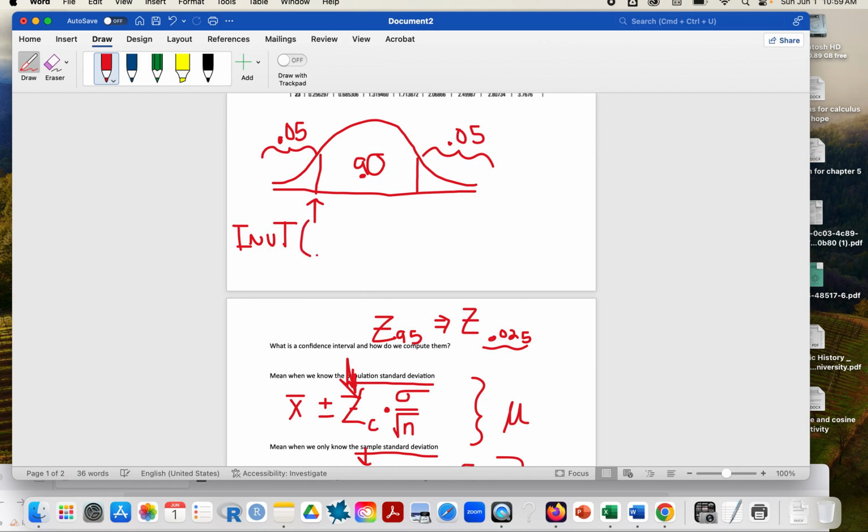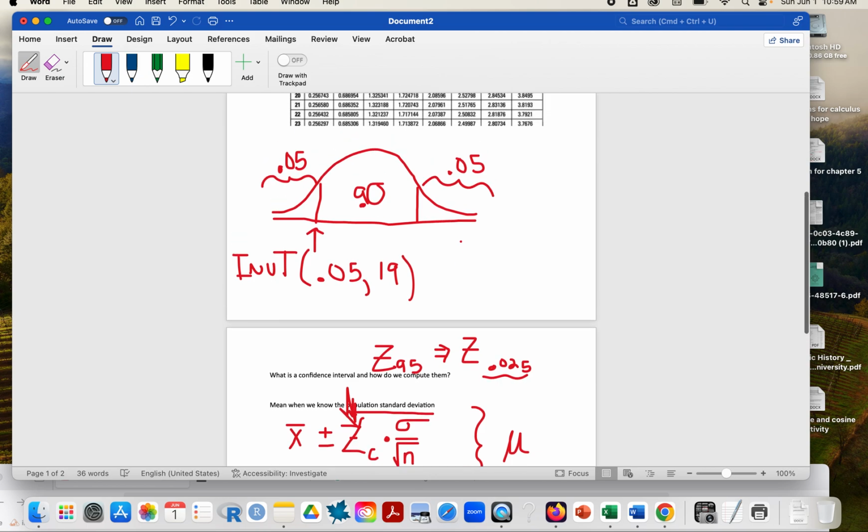And then you use the area of 0.05, and then your degrees of freedom determine the shape of your distribution. So if your n, your sample size, was 20, you would put 19 in here for your degrees of freedom. Now, not every calculator has INVT. It's second var is INV norm, second var is INVT, but INVT isn't always there if it's an older calculator.